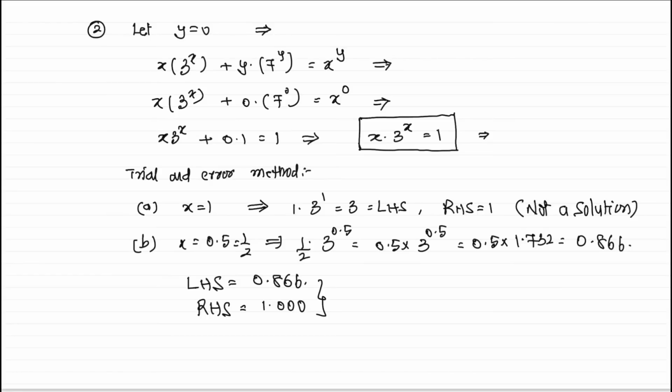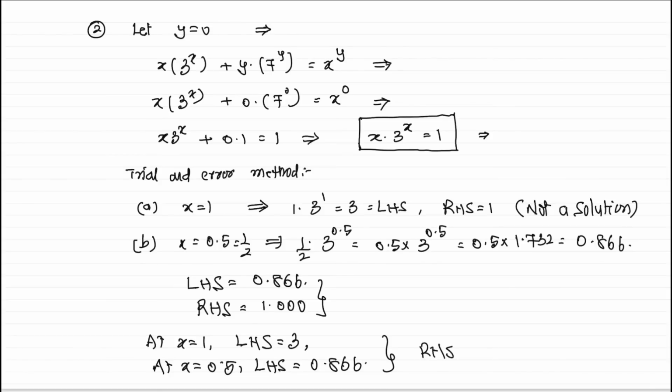That means at x is equal to 1, left hand side is equal to 3, and at x is equal to 0.5, left hand side is equal to 0.866. In both cases, right hand side is equal to 1 only.